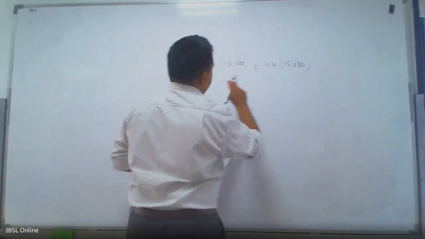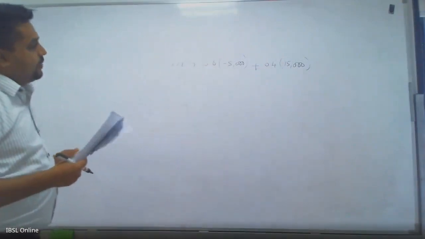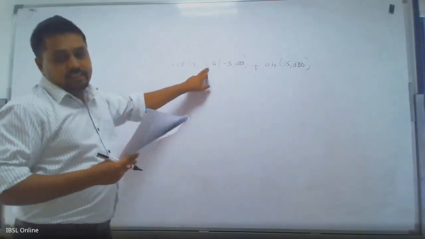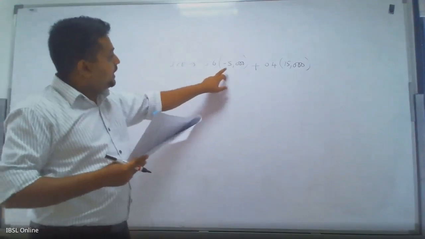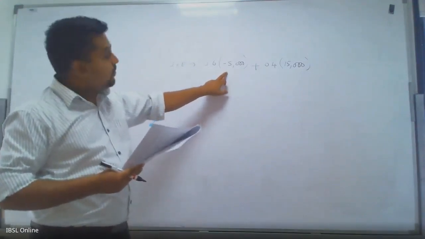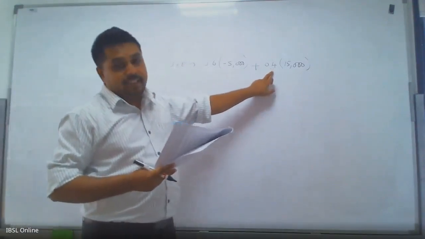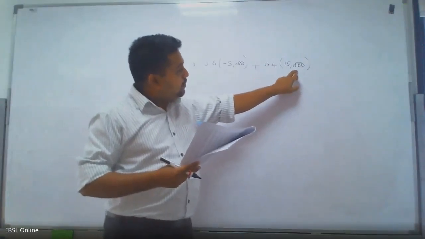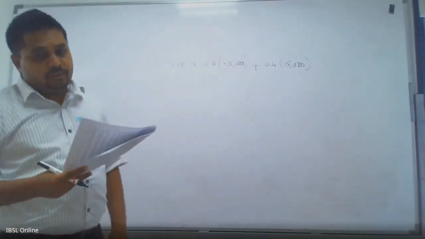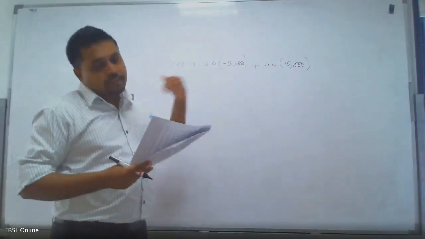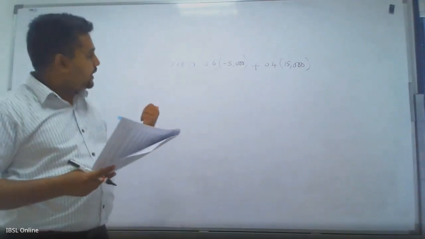Take a moment and try to understand what we have done. There's a 60% chance that I'm going to make a negative profit of 5,000. And there's a 40% chance that I'm going to make a positive 15,000. So this is nothing but the expected value that we have calculated for this particular event.